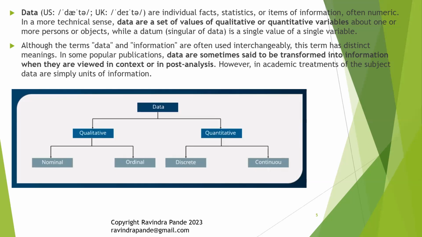In some popular publications, data are sometimes said to be transformed into information when they are viewed in the context of a post-analysis. So when I talk about marks of Ravindra, now I'm referring to cells here, the first name as well as the marks cell for a particular subject. Let's say maths marks of Ravindra, and then the number could be 65.